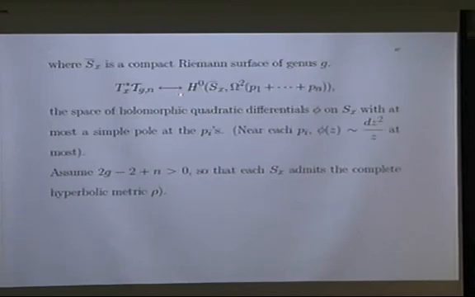And remember, the cotangent space of T_{g,n} at each point corresponds to the holomorphic quadratic differentials with a simple pole at each of the punctures. If 2g minus 2 plus n is positive, then each such punctured Riemann surface admits the complete hyperbolic metric rho.